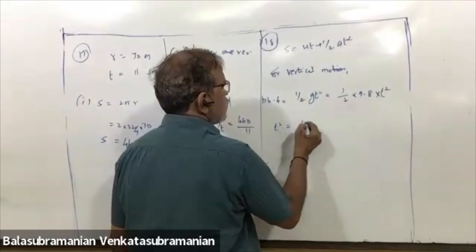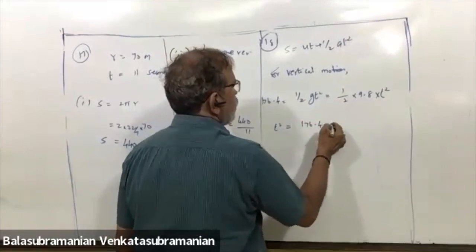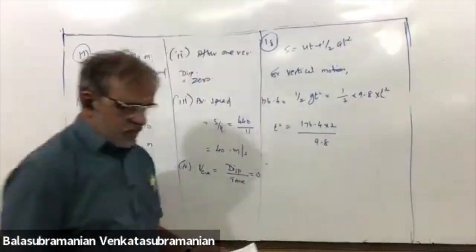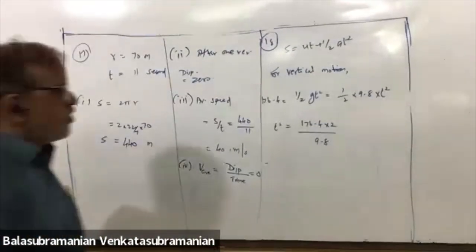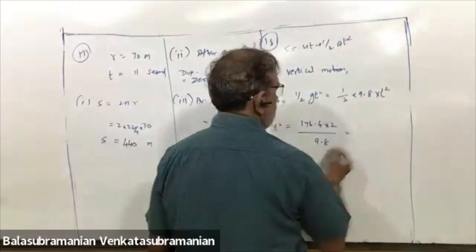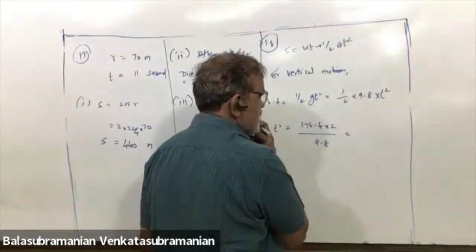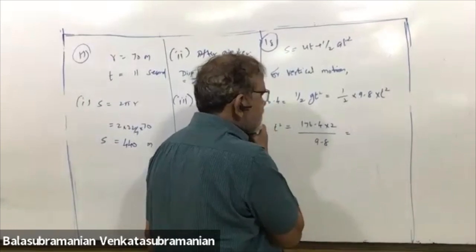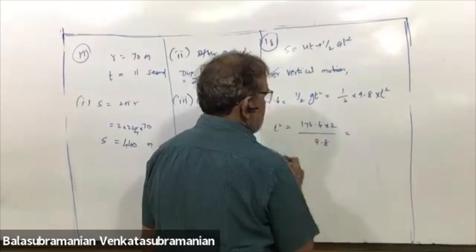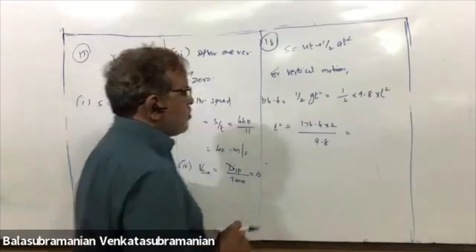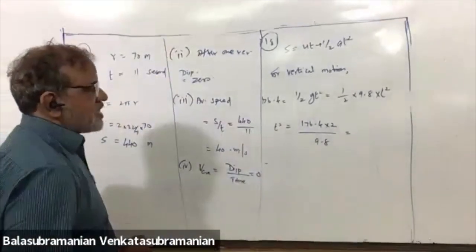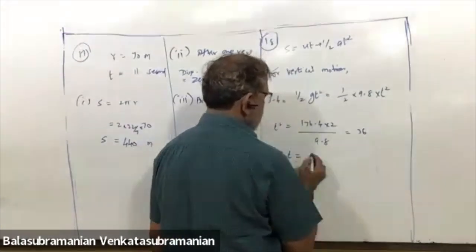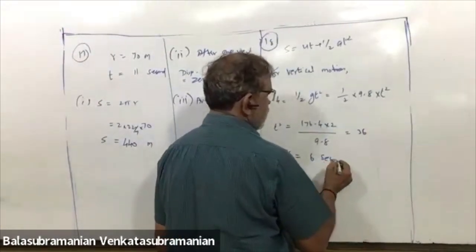T square is 176.4 into 2 by 9.8. Simplify. This is 36. T is equal to 6 seconds.